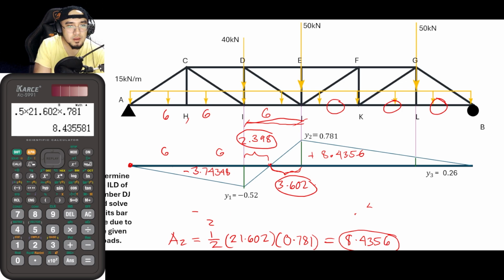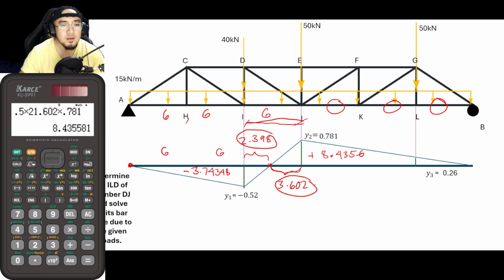So erasing this, the value for DJ is equal to 40 times negative 0.52. Apologies, this must be negative since this is a negative value.